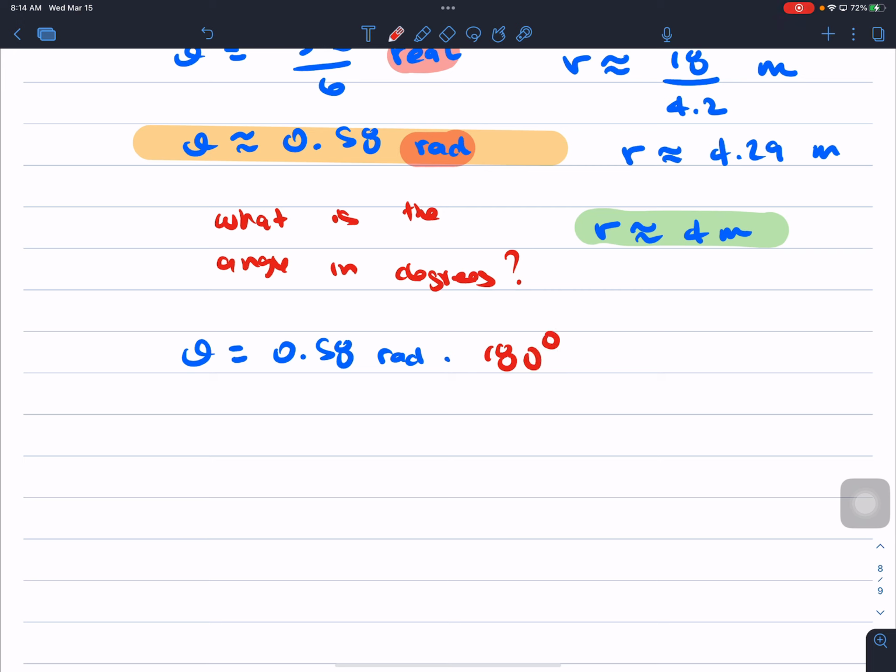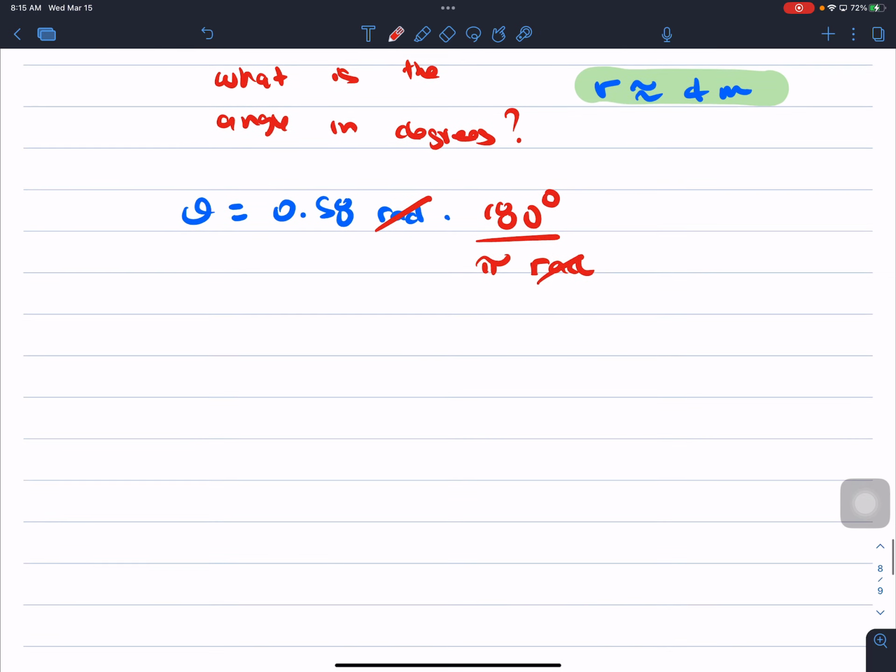Multiply 180 degrees over pi what? Radians. Notice your radians cancel. So now your answer is going to be in what? Degrees. Is that right? So it's 0.58 times 180 degrees over what? Pi. What is that going to be?